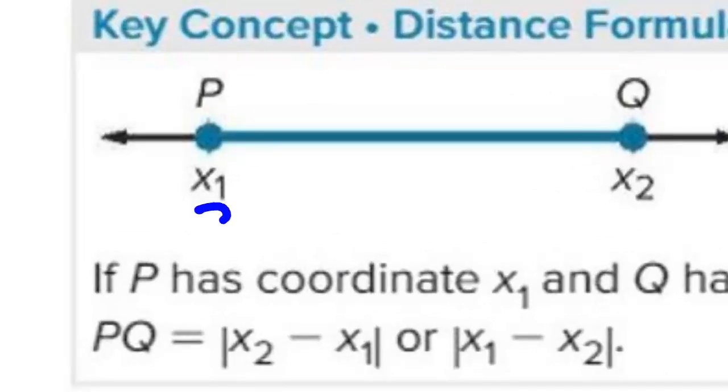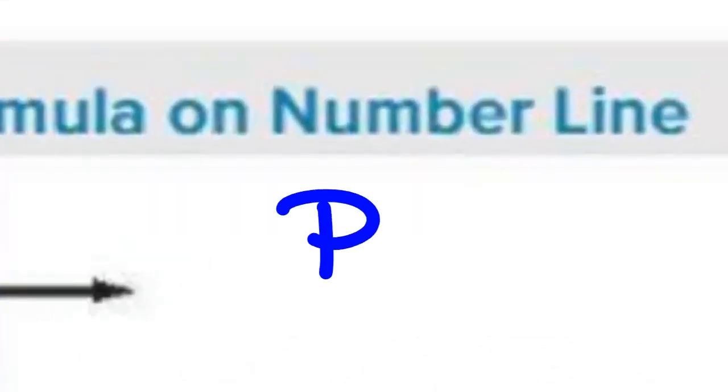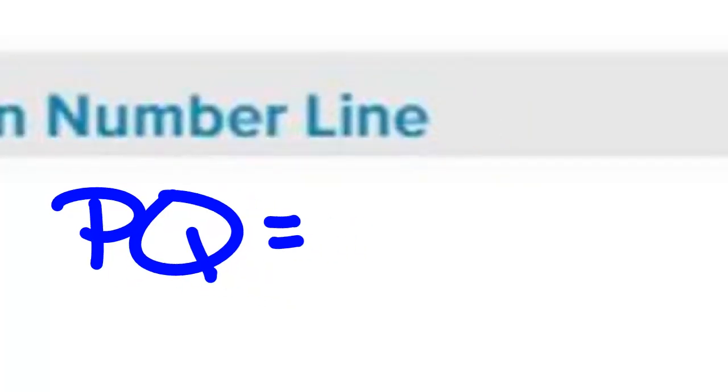Let's pretend that point P is at 3 on the number line, and point Q is at 7 on the number line. To find the length or the distance from P to Q, we're going to do the absolute value. This is going to look like 2 bars, almost like parentheses, but not curved, 2 bars on either side. We're going to subtract these 2 numbers.